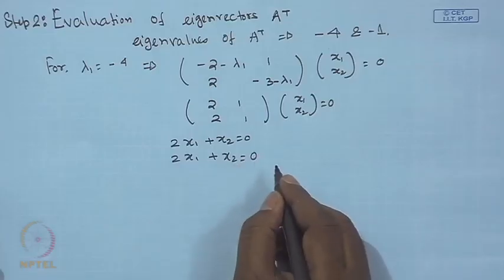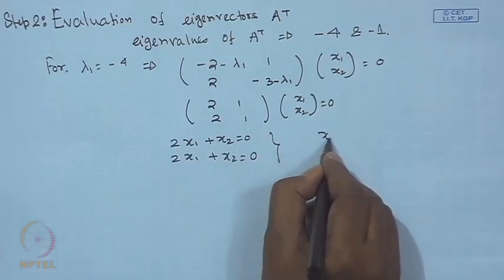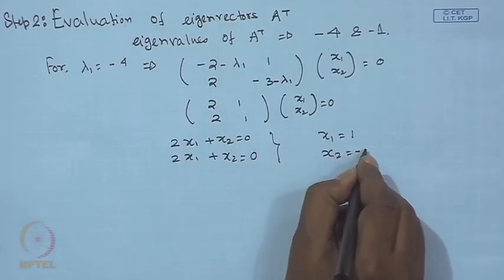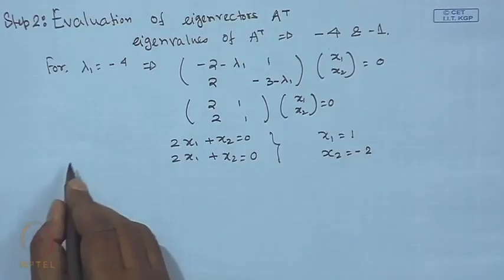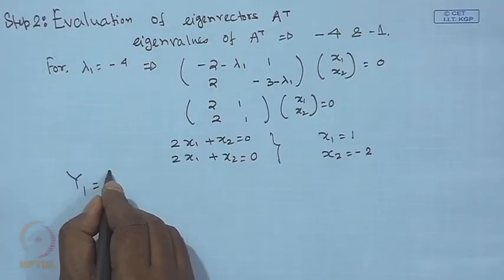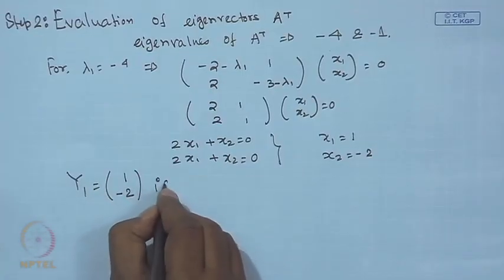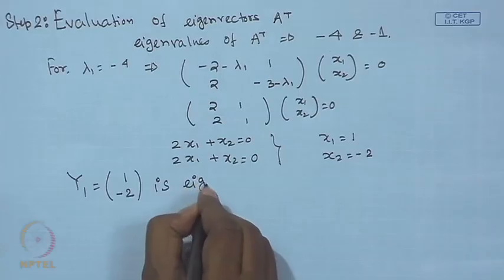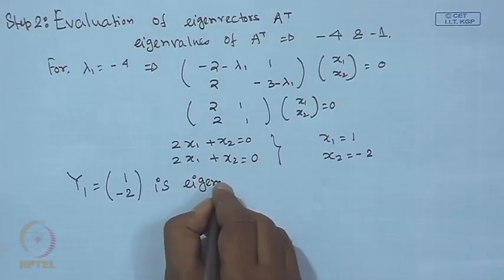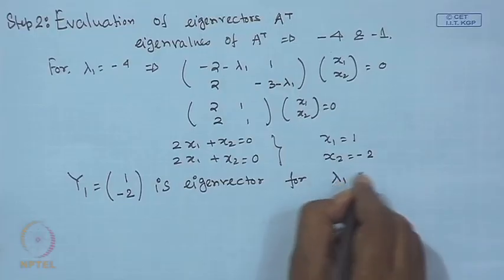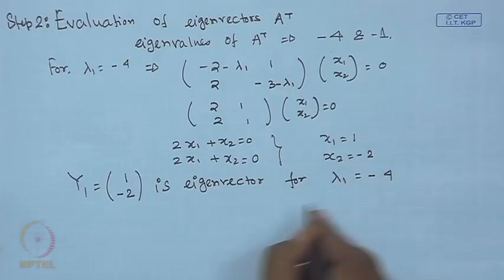So, they are identical. If you select x 1 is equal to 1, then x 2 has to be -2. Therefore, y 1 is 1, -2, an eigenvector for the eigenvalue lambda 1 is equal to -4.